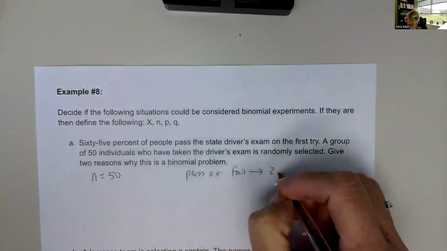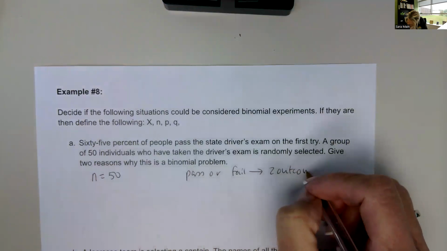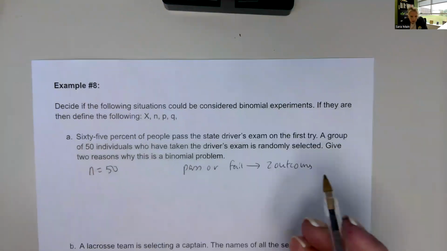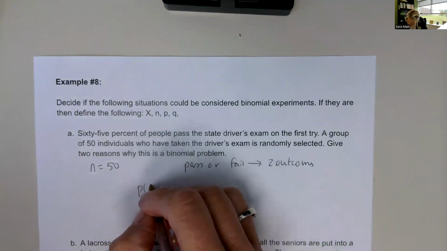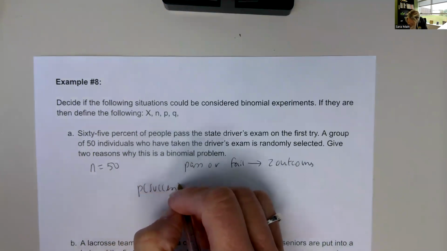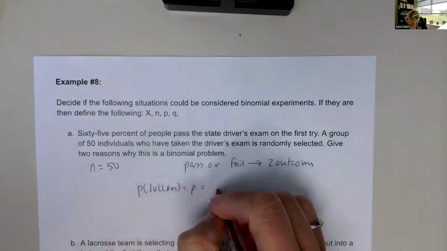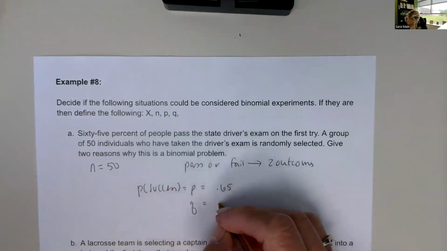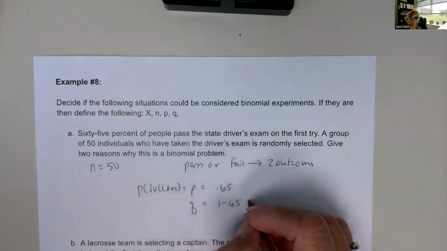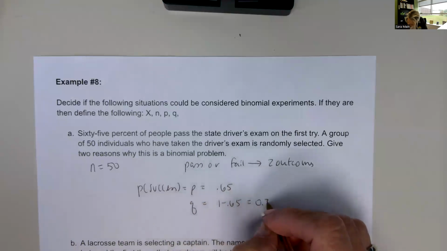So 2 outcomes that are independent. Each driver is independent from another. And the probability for success, P, equals 0.65. And that means the probability for Q is 1 minus 0.65 or 0.35.